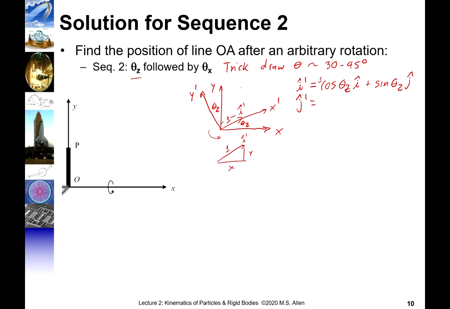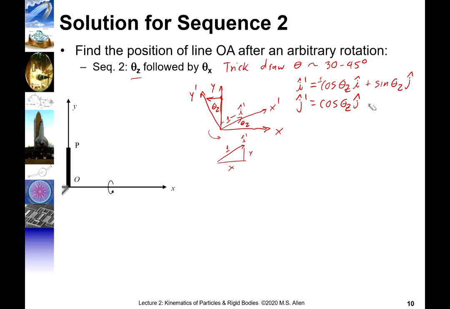J prime, in this case, I like to start with the cosine because it's easier. In this case, we'll go up along this axis and we'll go in that direction. So we're going to start again with a 1 times cosine theta z. This time that's in the j direction.